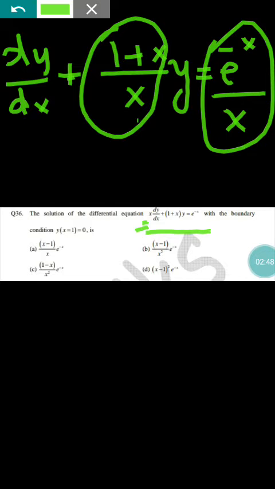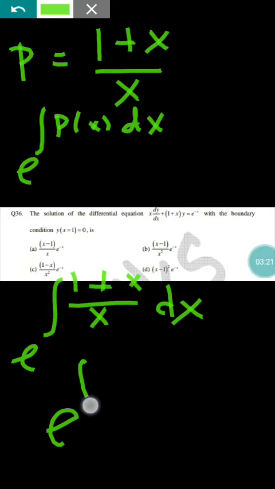Then what else do we have to do? We have to find the exponential of the integral of p of x dx. Now we got p, which is nothing but (1 plus x)/x. So how will you integrate this? Exponential of the integral of p of x dx is exponential of the integral of (1 plus x)/x dx. I can write this as exponential of the integral of 1 by x dx times e power x.